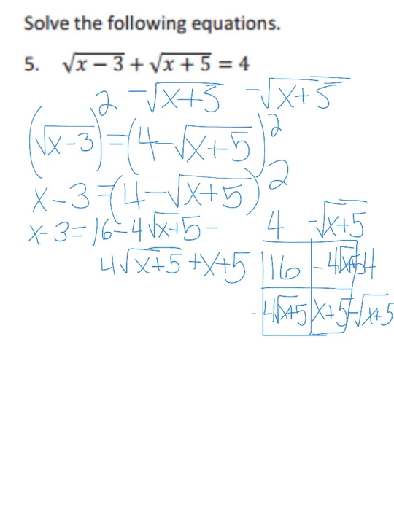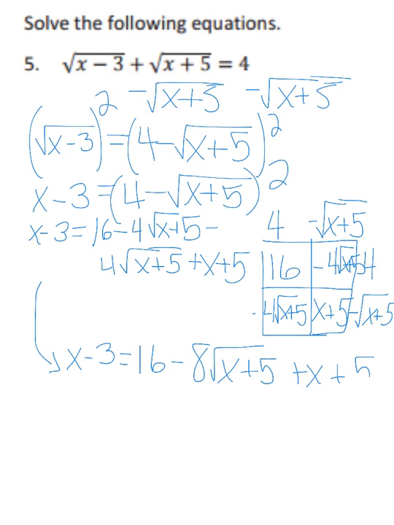And if I combine my like terms, and let's write it down here, I get x minus 3 is going to equal 16 minus, and notice the radicals there will combine since they are under the same radical, 8 radical x plus 5 plus x plus 5.